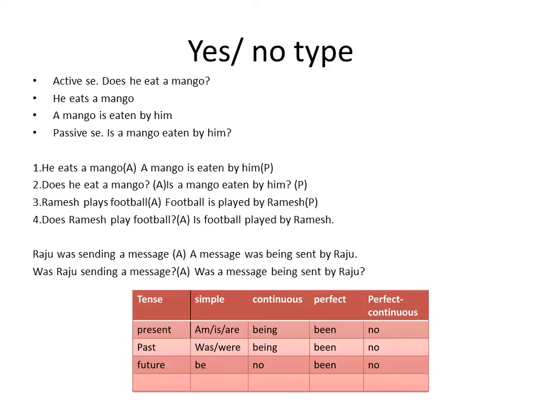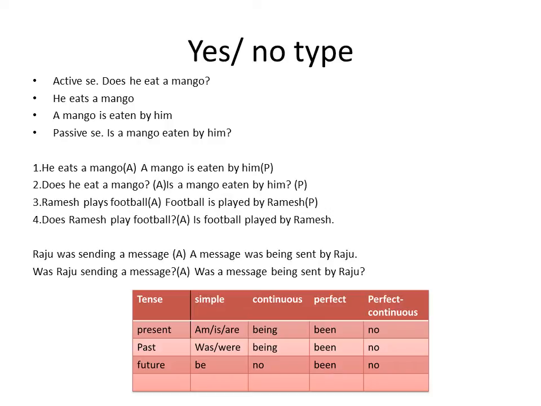Then we change it into the assertive sentence, Ramesh plays football. Then we make the passive construction of this assertive sentence: Football is played by Ramesh. Then again we convert this sentence into a yes/no type question: Is football played by Ramesh?